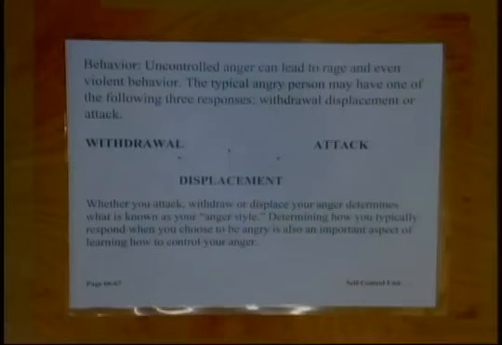The typical angry person might have one of the 3 responses: withdrawal, displacement, attack. Which one did this child have? A few of them. So we know that there was displacement because remember she tipped over the desk, and what else occurred? She attacked, right? She was throwing books at the students that had to be ushered to safety. A 6-year-old child.